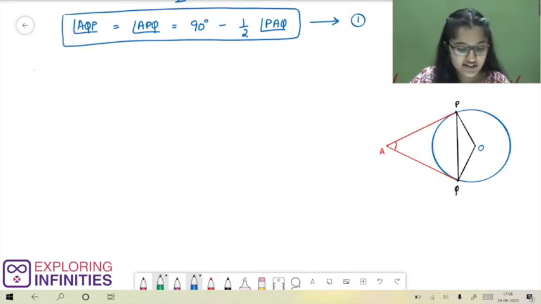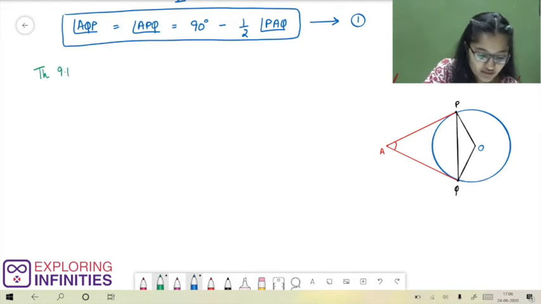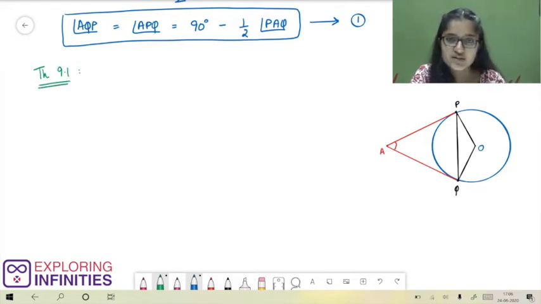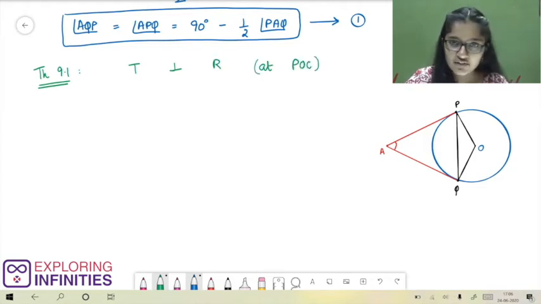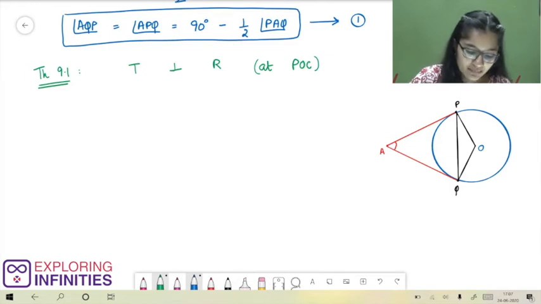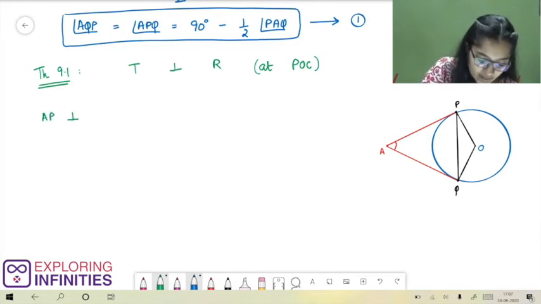Look at our figure once again. In theorem 9.1, we have learned that the tangent to a circle at any point is perpendicular to the radius passing through its point of contact. So tangent is perpendicular to radius at point of contact. Here we have two tangents, tangent AP and tangent AQ. So at point P, we can write that tangent AP is perpendicular to radius OP.